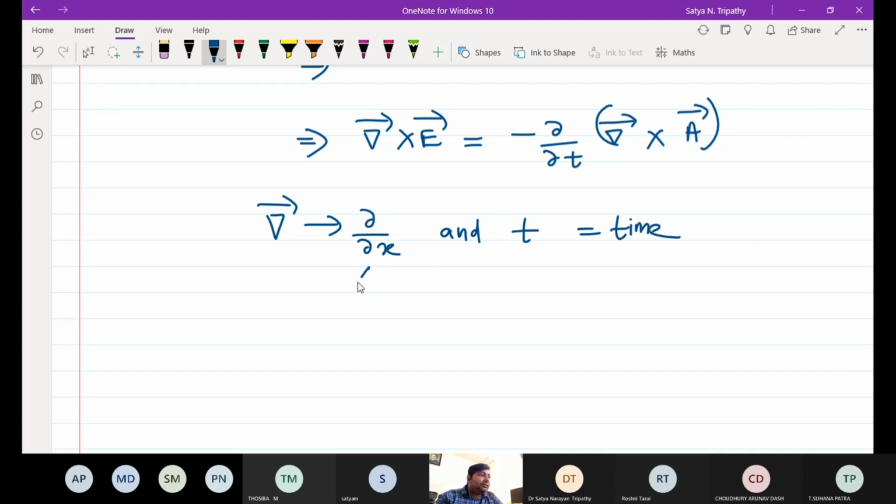This is position, and they are independent, so you can interchange them.